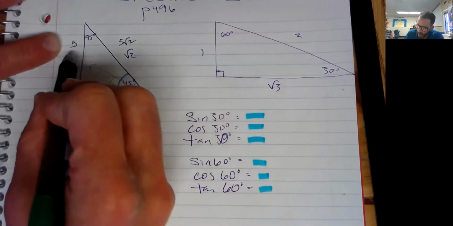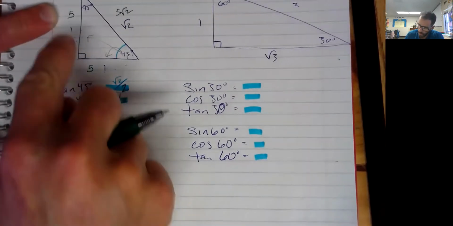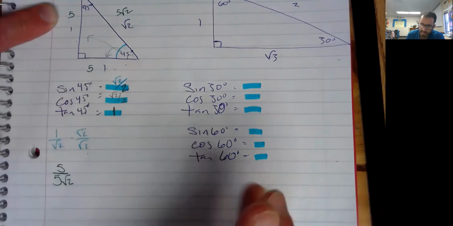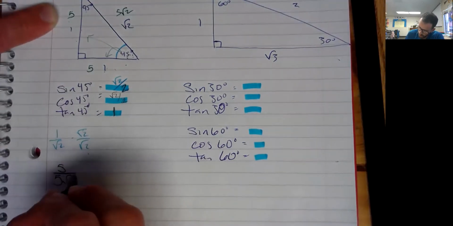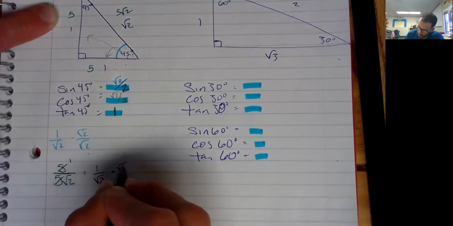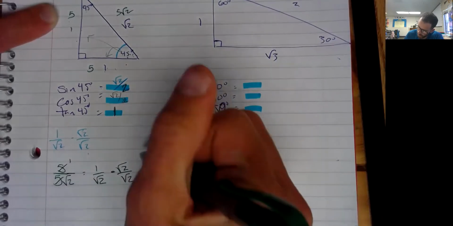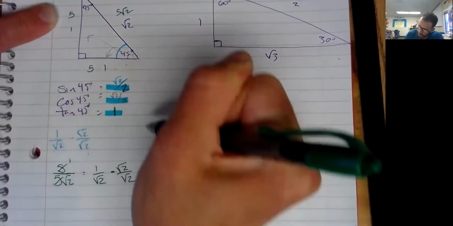I get opposite over hypotenuse. Well, wait a second. 5 over 5 rad 2 can cancel out to 1 over rad 2. And then I multiply by the denominator over itself because I don't like the denominator. And I get rad 2 over rad 4, which is rad 2 over 2.